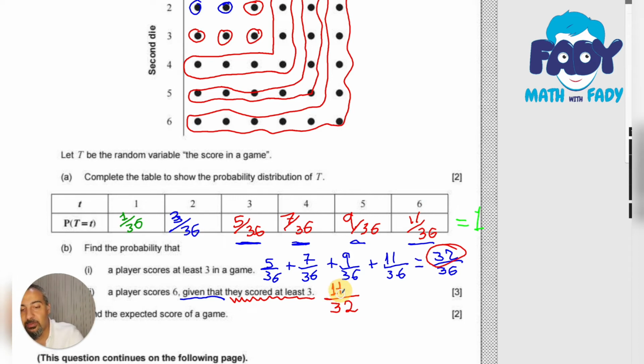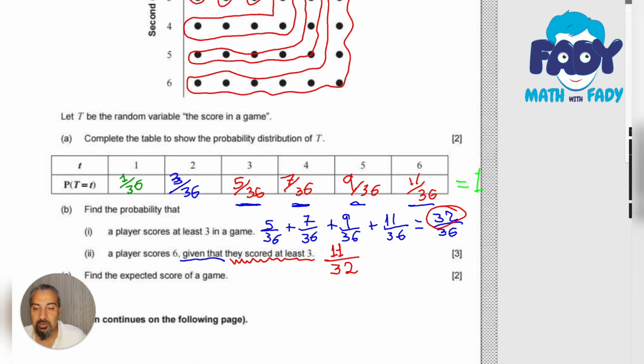So 11 out of 32, this is the answer. Whenever we read "given that", it means we are selecting from whatever comes after it. This is our new denominator, not the whole sample space. So this is part B.